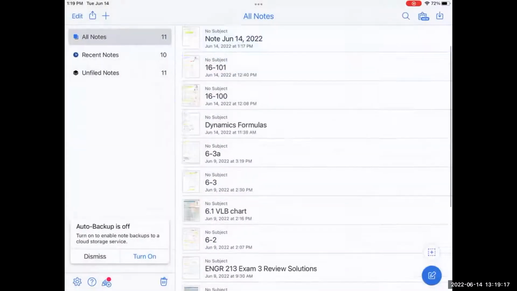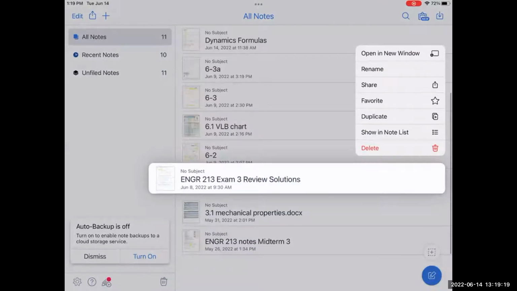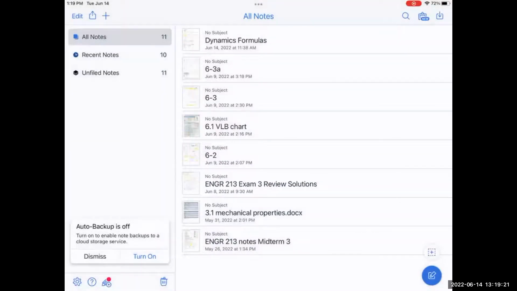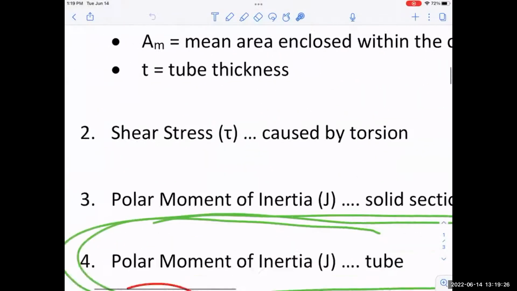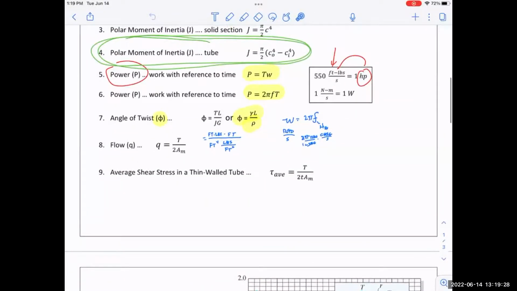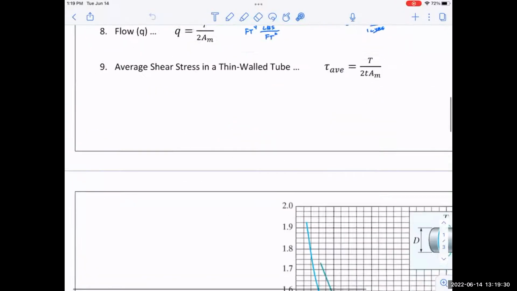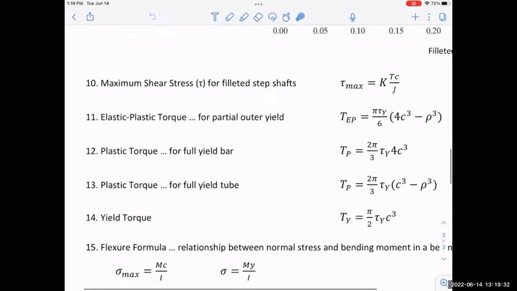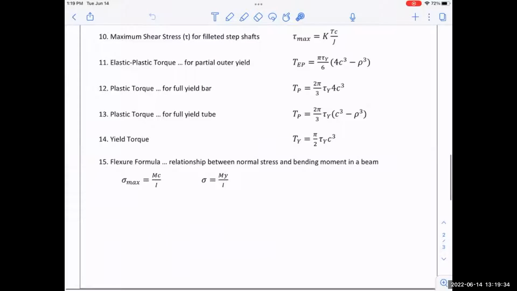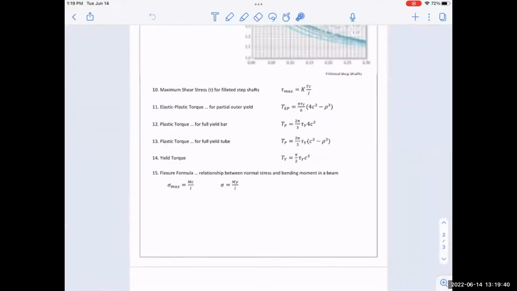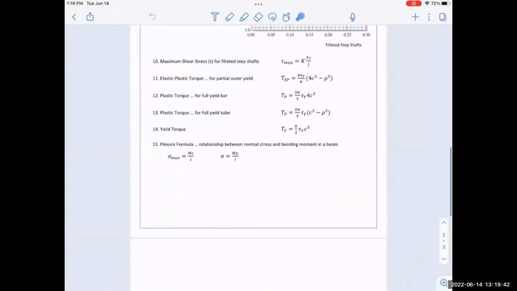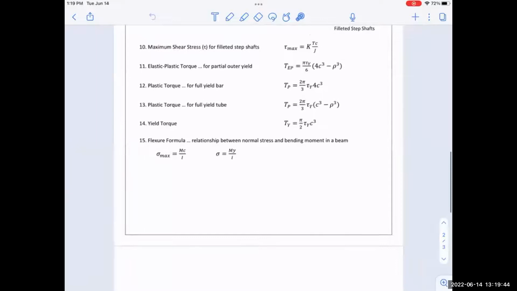Let's take a quick look at the note sheet for this. So we skipped a bunch of this thanks to running out of time. I thought my notes were more complete than this, but actually I have an updated note sheet.